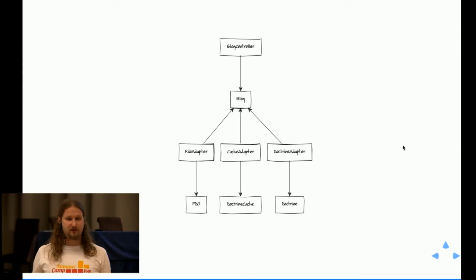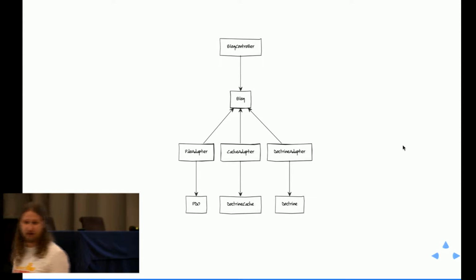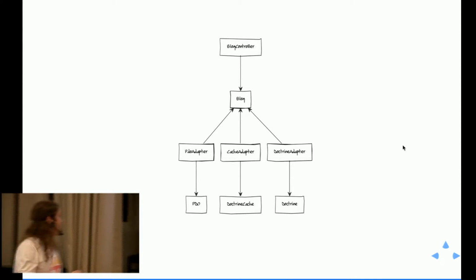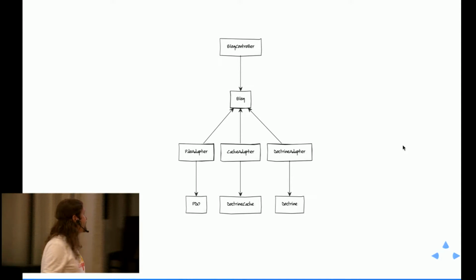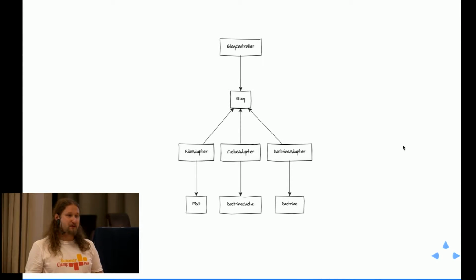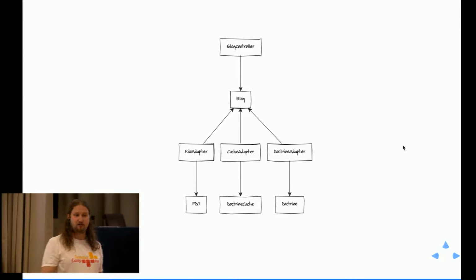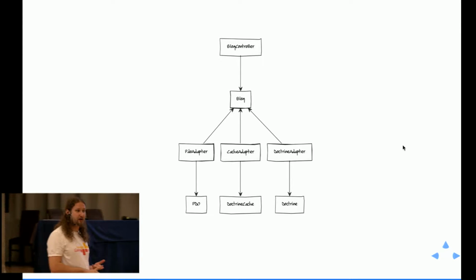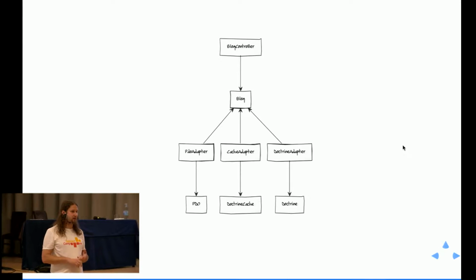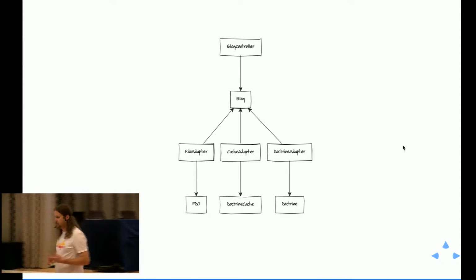There's nothing in your controllers or services that depends on doctrine directly. Which has a nice benefit: you're able to replace doctrine by replacing the single implementation in your infrastructure layer and the way you wire that together. Okay?